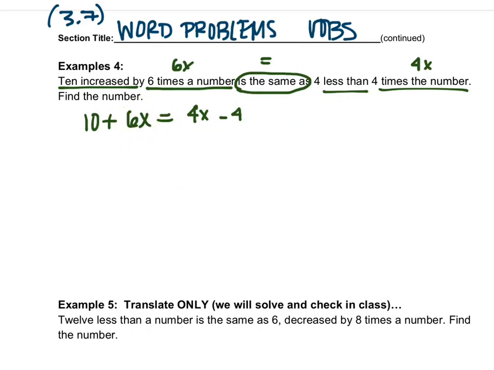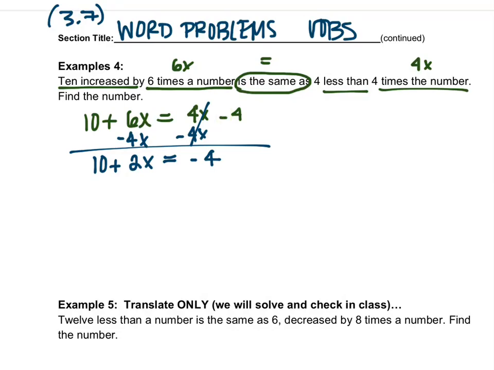I cannot combine like terms, so I need to move these variables around. The first thing I'm going to do, I like to move mine over to the left side, so I'm going to move this 4x. And that gives me 10 plus 2x is equal to a negative 4. Don't forget that negative hanging out right up here.